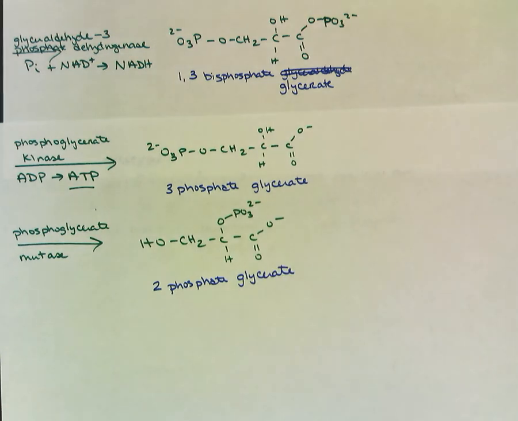So it was 3 phosphate, then gets mutated, now it's 2 phosphate. We're real close to being at the end.